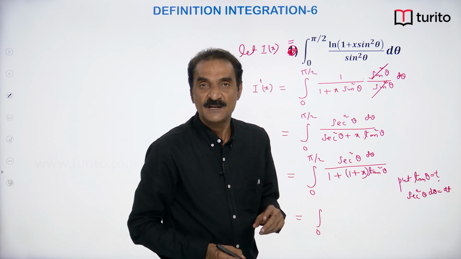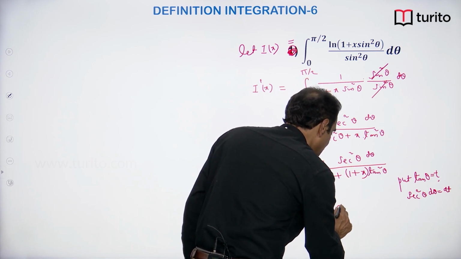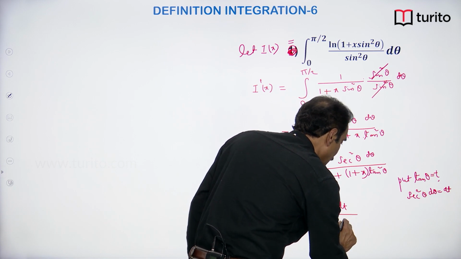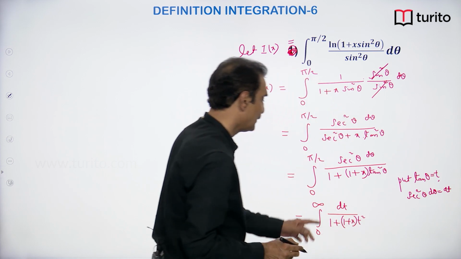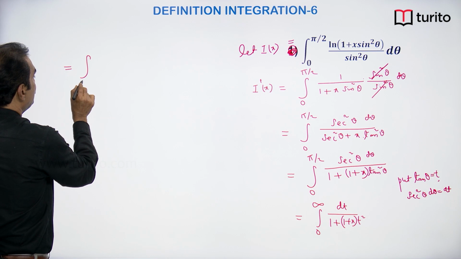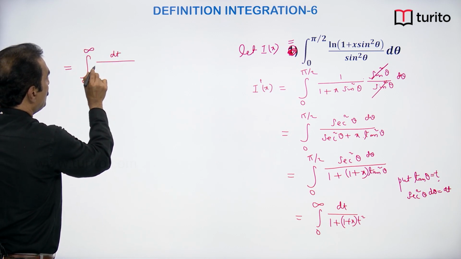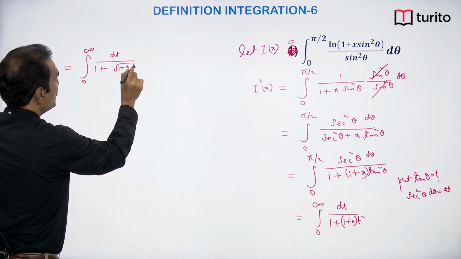So the upper limit is infinity. 0 to infinity dt by 1 plus x into t square. Okay, I will write integral 0 to infinity dt by 1 plus (root of 1 plus x into t) whole square.